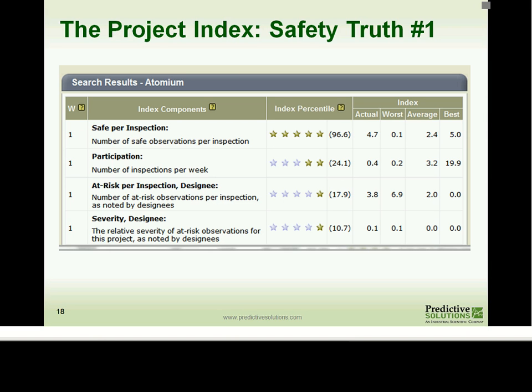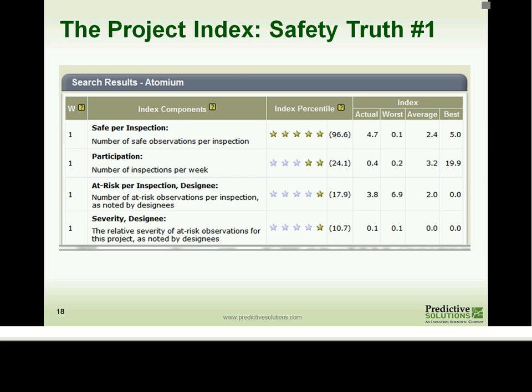So that's one way of clueing in on what we need to do. We can also look at the project dashboard. If you look at the number of observations or inspections that are being done, you can see that in this example it's kind of flattened out. So this might be giving us a clue.